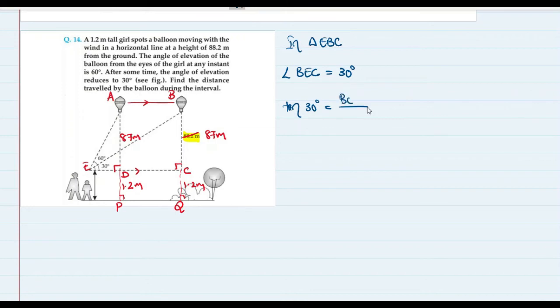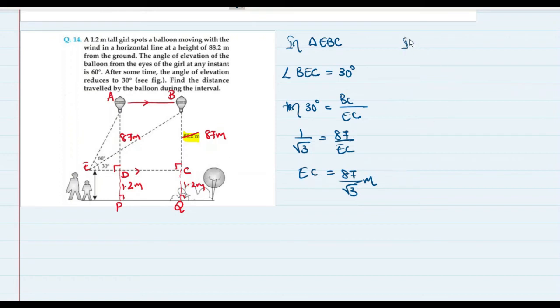Opposite is BC, adjacent is EC. So tan 30 is 1 by root 3. BC is 87 and EC is not known. So EC is equal to 87 root 3 meters. We don't have to find EC.